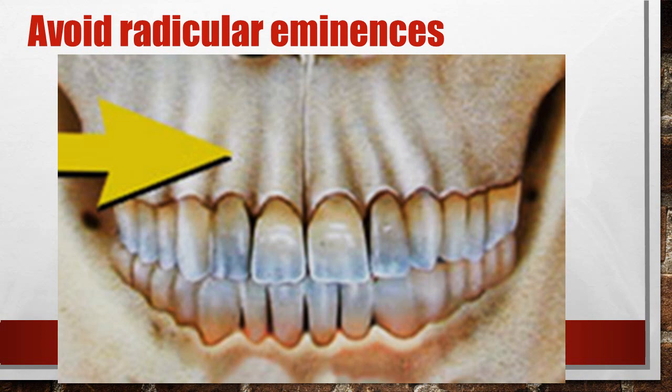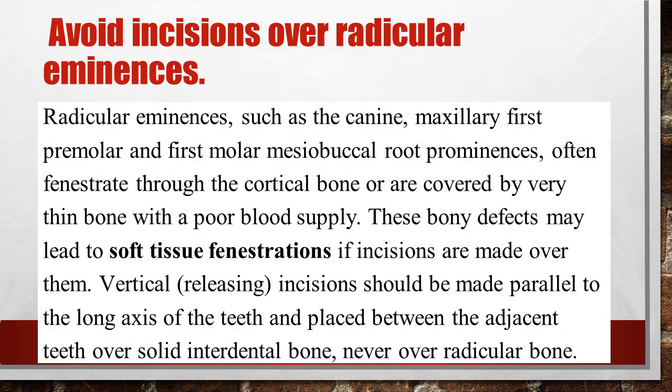Now, the second is to avoid your radicular eminences, because if you give your incision on the radicular eminence, you have to understand the soft tissue is very, very thin in these areas because the root surface is protruding. You will do fenestration, because of which your cortical bone is going to be exposed.